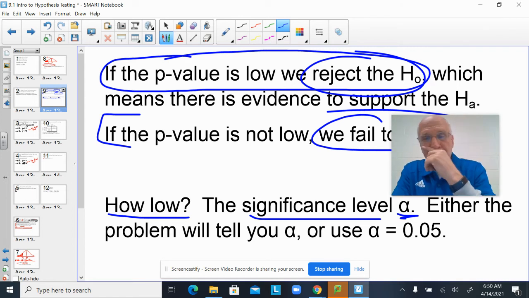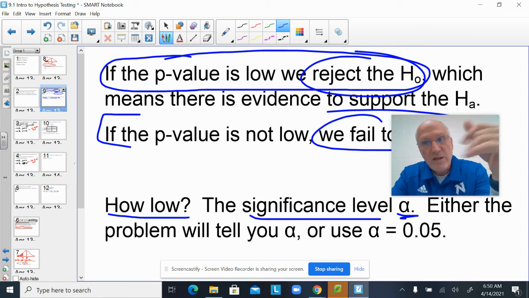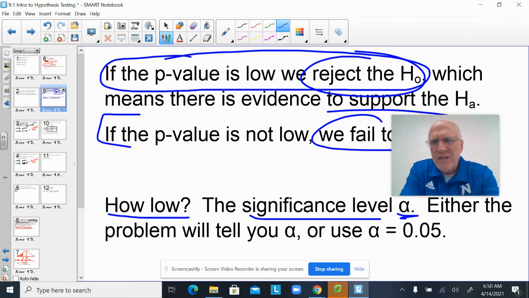Okay, so the last thing in this section is, what if in fact you make the wrong decision? So we already said if, let's say in this case, my p hat was 0.76. I took a sample, I took 100 free throws, I made 76 of them. And that p-value was only 16%, which is not that rare. So we failed to reject the H0.